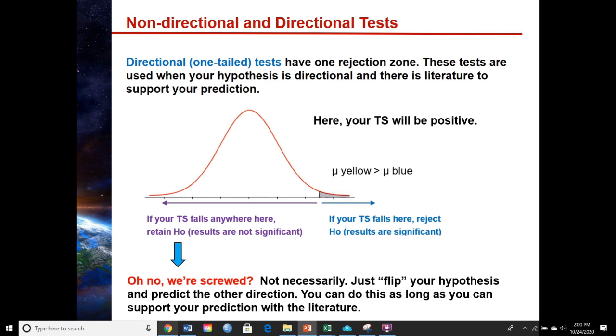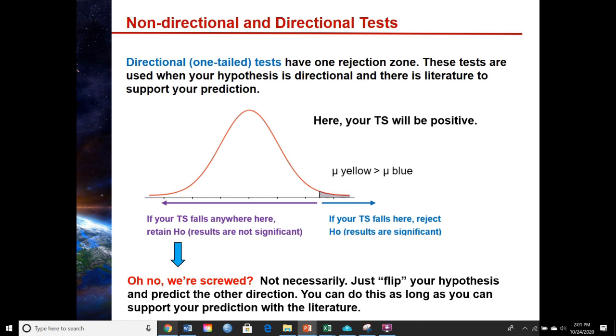So if I've got a bunch of stressed out students about to take an exam and I give them the whiskey, well, the placebo group, in theory, you wouldn't expect them to change too much either way. But the group that got whiskey, if that lowers their anxiety levels, they may very well do better on the test. And so I have flipped the direction of my hypothesis and supported it with the literature.